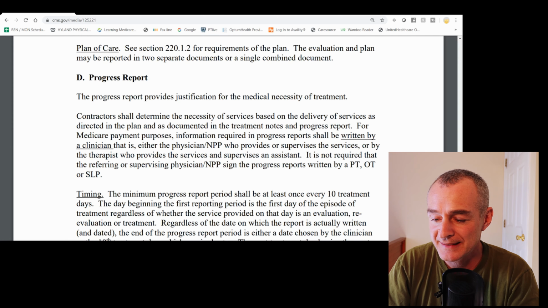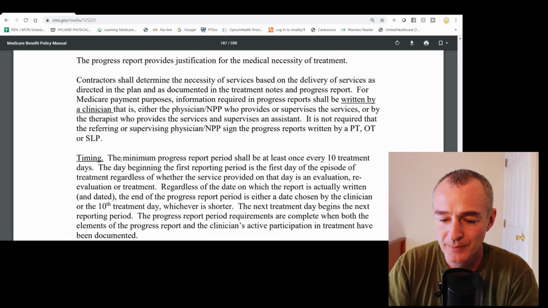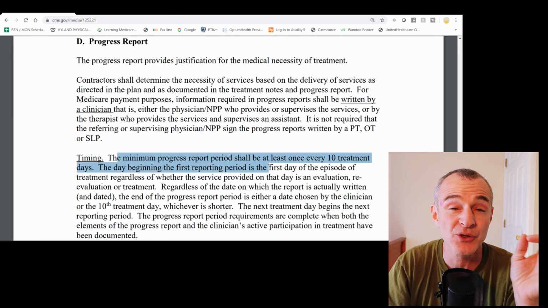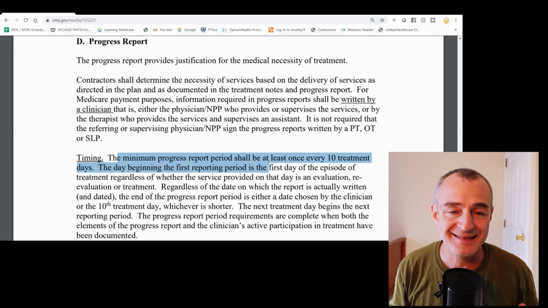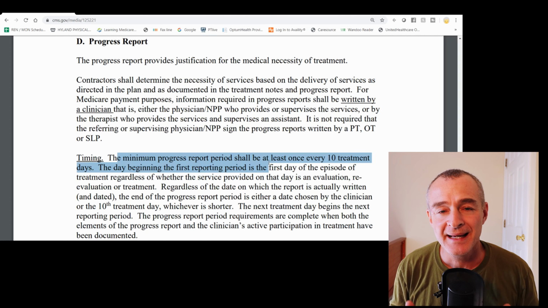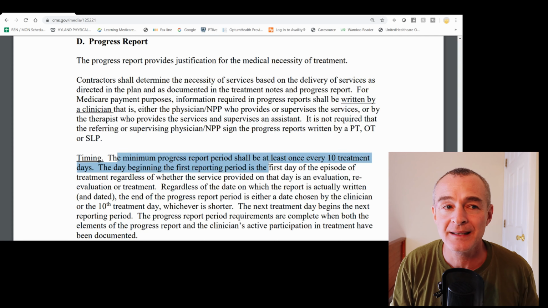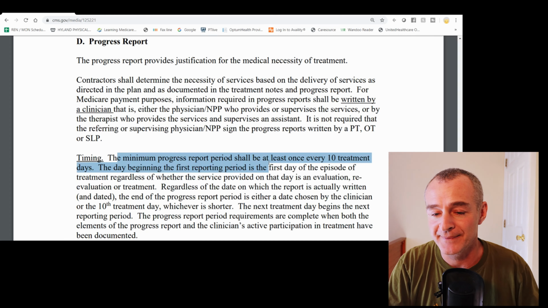So here you can see that under timing, the minimum progress reporting period shall be at least once every 10 treatment days. So it's not 10 calendar days or business days, it's 10 treatment days, and there is no 30-day requirement. So 10 treatments could span 6 weeks, it could span, I don't know, a week and a half if you're doing every day, right?